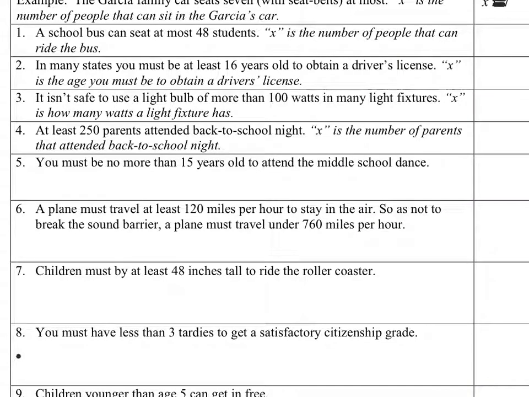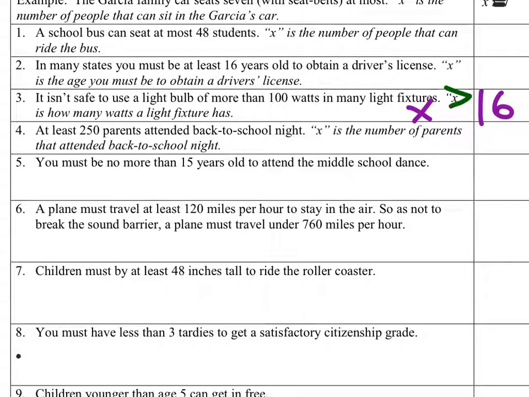Number 2, in many states, you must be at least 16 years old to obtain a driver's license. X is the age you must be to obtain a driver's license. So we're comparing X with 16 on these. Now, is X supposed to be bigger than or smaller than 16 to get a driver's license? Bigger, right? So that means that we definitely want the greater than symbol on the X. But could it also equal 16?